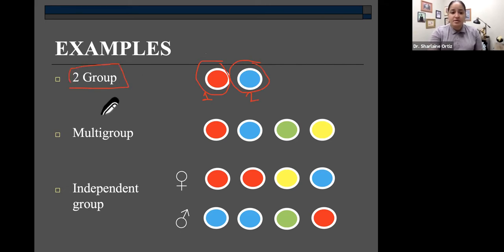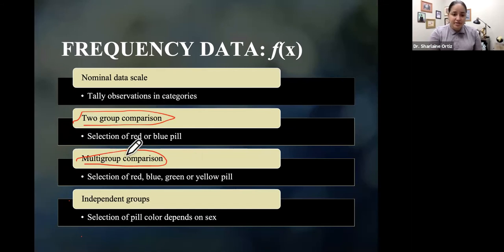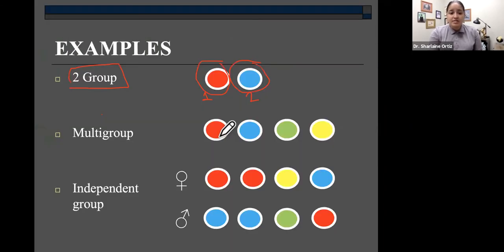By the same token, if we move back to our illustration, notice that we can do a multi-group comparison. Think about the instance of a group of people who took one medication, the red pill, another medication, the blue pill, green, and yellow. So notice that we can also do a multi-group comparison.